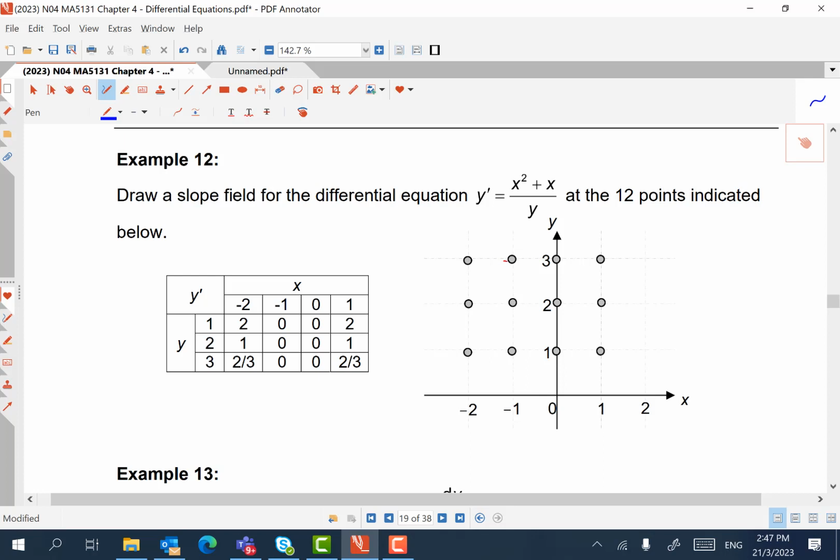Can you draw the slope field? So now you want to draw your slope field.